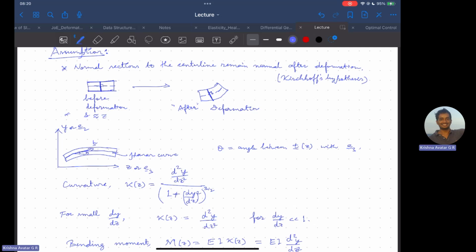And this makes it applicable only for a very small region of strains.